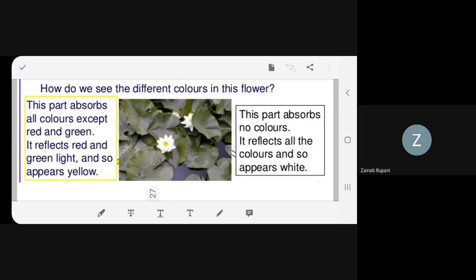Do you know that? So two colors are getting reflected. Which is that, beta? Red and green. When it comes to an eye, I will not see red and green separately, but I will see the mixture of color and that will change to yellow. So I can see the yellow color of the flowers. Is it clear?